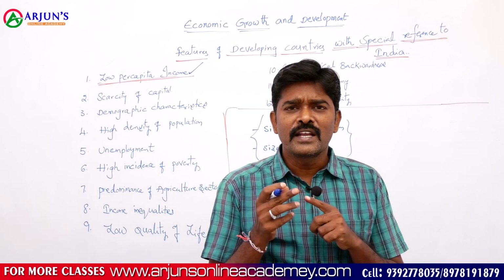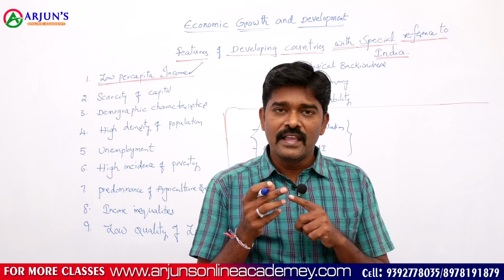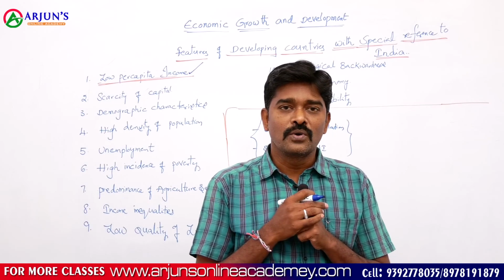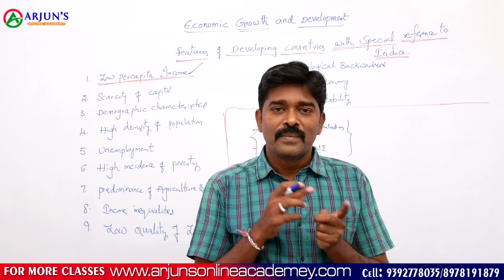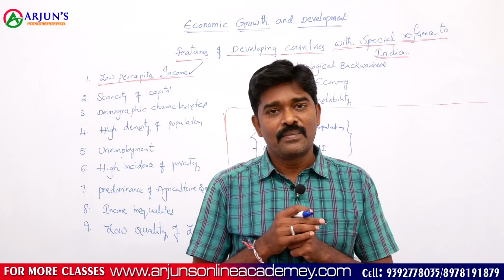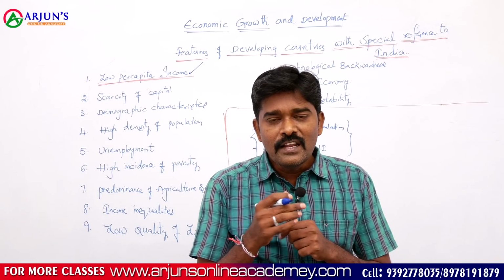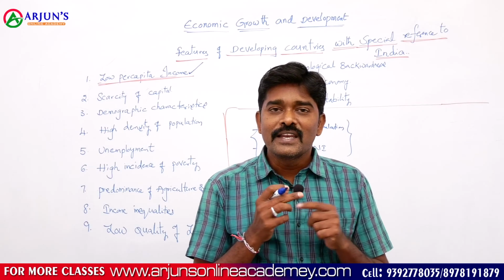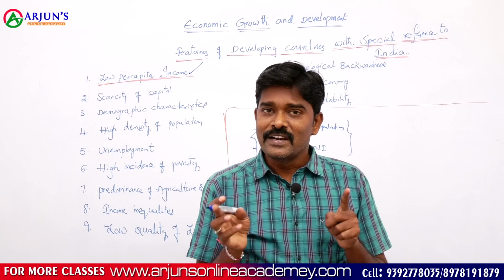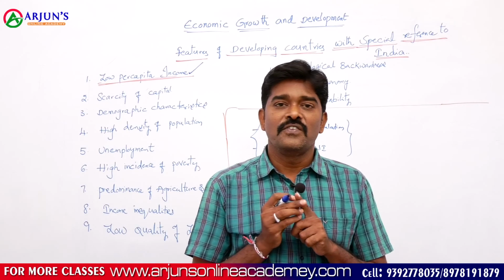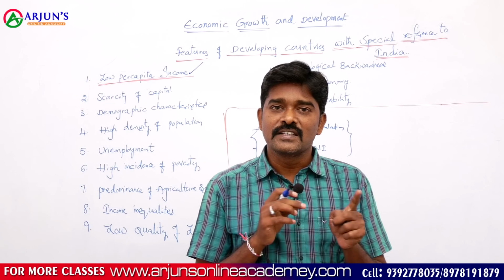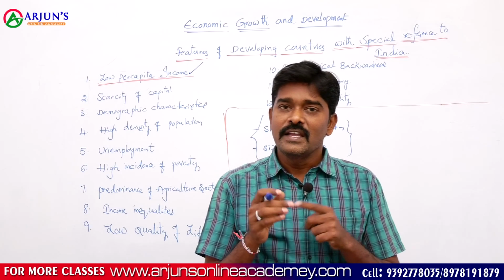Per head income per year is known as per capita income. If the per capita income increases, it leads to better quality of life and a higher rate of saving. The rate of saving increases, capital formation increases.